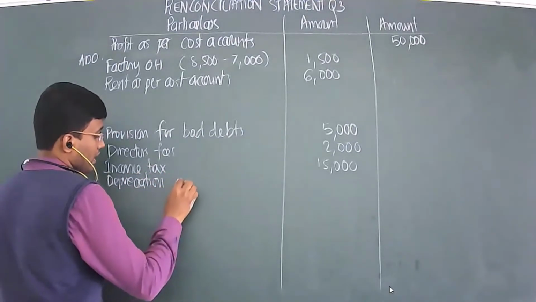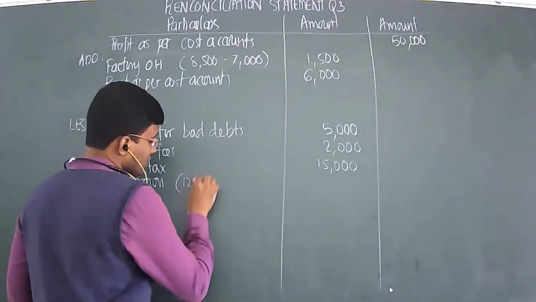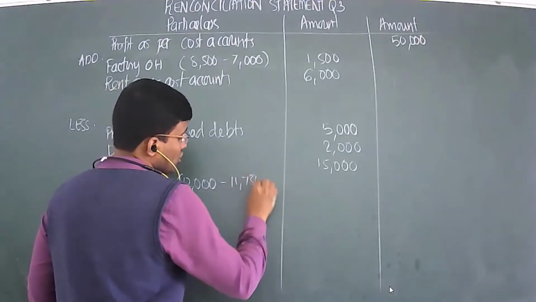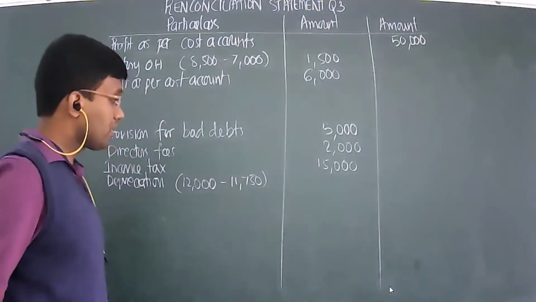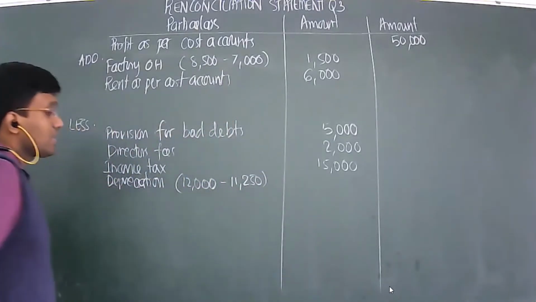Depreciation as per financial accounts is 12,000. However, depreciation as per cost accounts is 11,250.